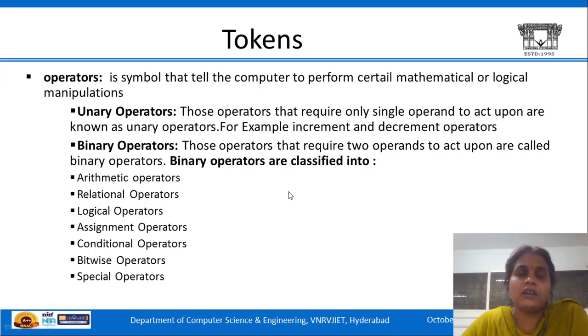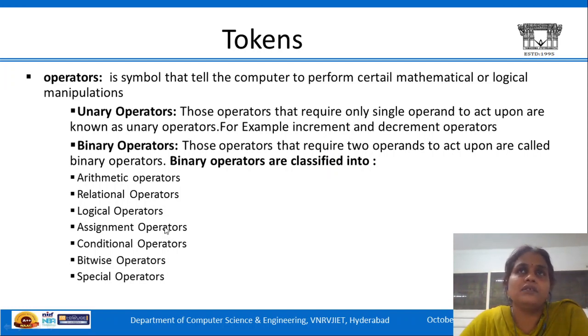Here a and b are called operands. Unary operators operate only on a single operand. a plus plus means I am incrementing a value by 1, and a minus minus means I am decrementing a value by 1. Those that act on only a single operand are called unary operators.